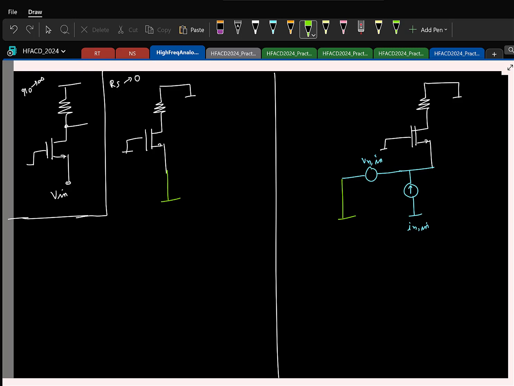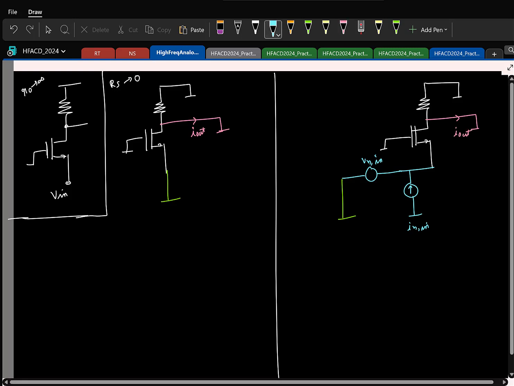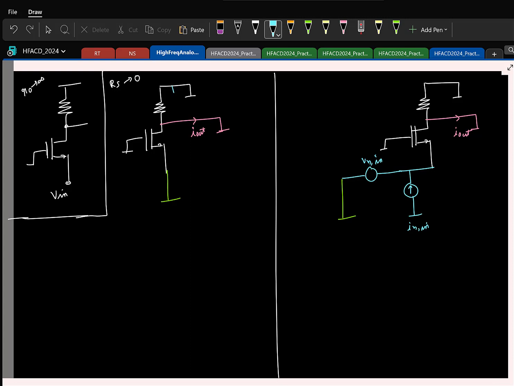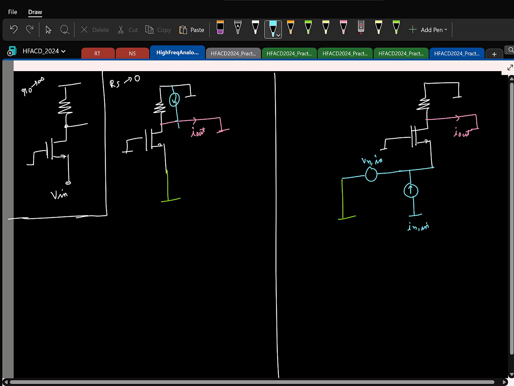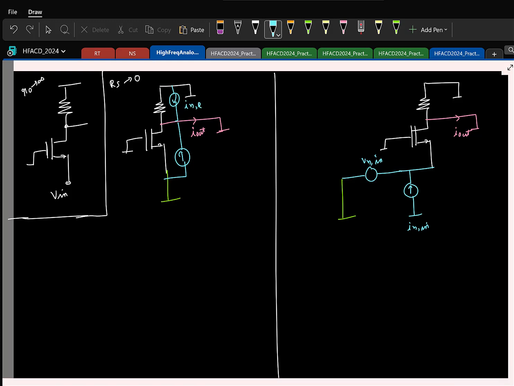Okay. Again I can try to find the short circuit current here. So I'll short the output in both places. Here, what do you think is the total noise current? Let us say you model the noise due to the resistor with a parallel current, and the noise due to the transistor with another parallel current, say InRD and InM.